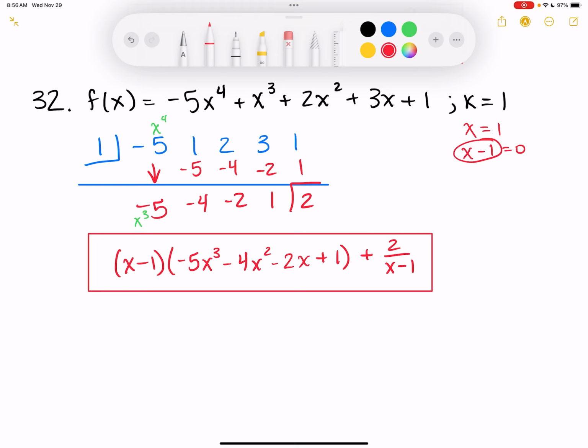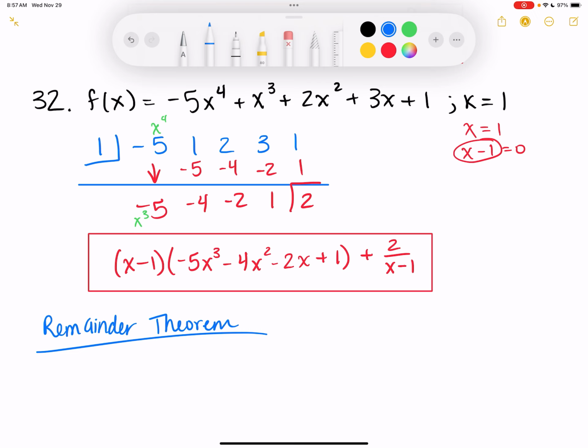All right, the next thing is probably the easiest thing in this section. It is the remainder theorem. The remainder theorem basically says that, to reword what you had in your notes, if you plug in whatever k value is given to you into f of x, so you have f of k, whatever number you get when you solve that is your remainder.